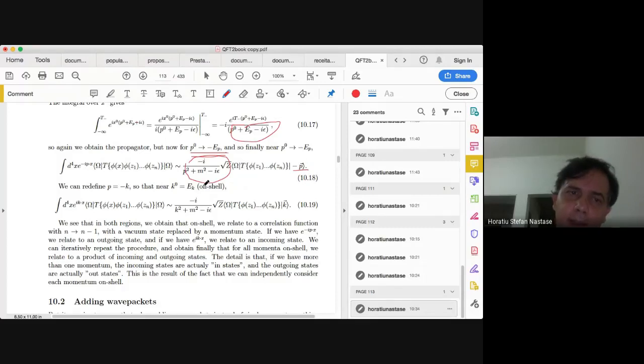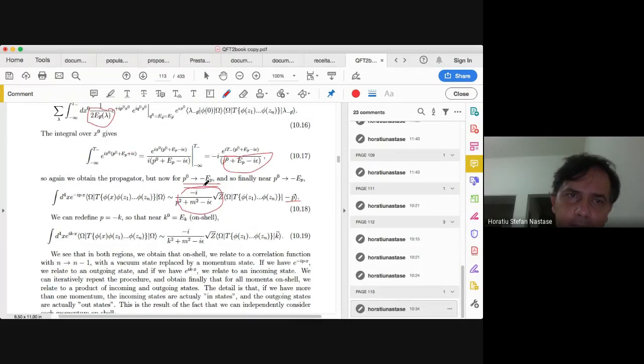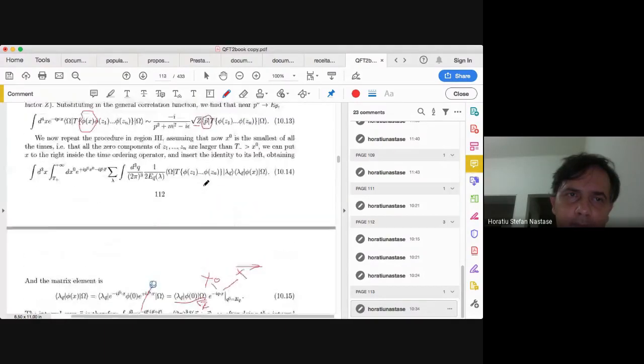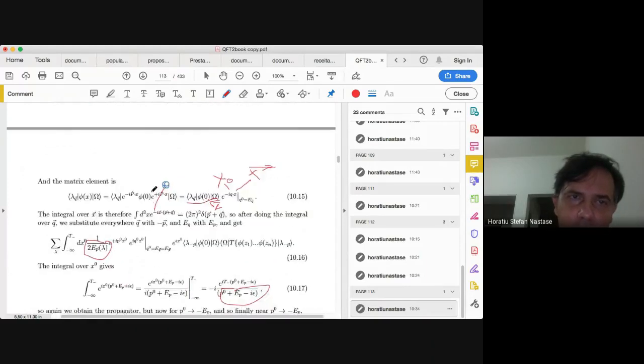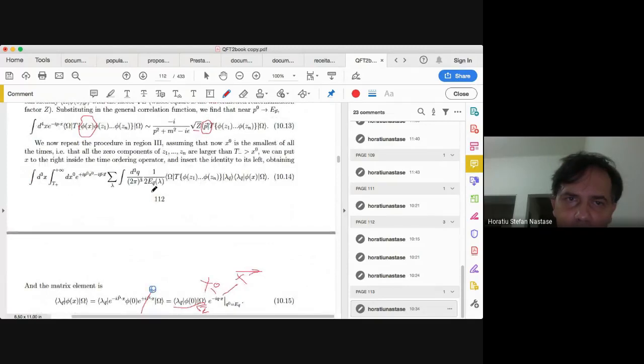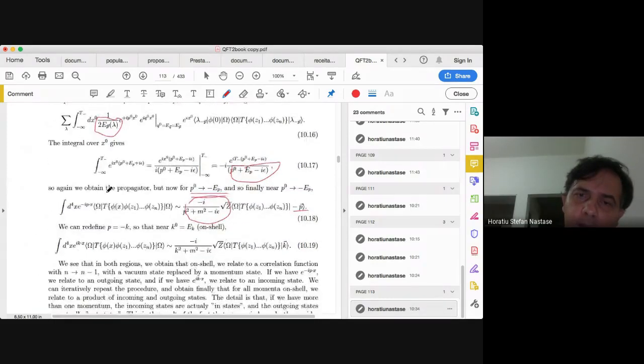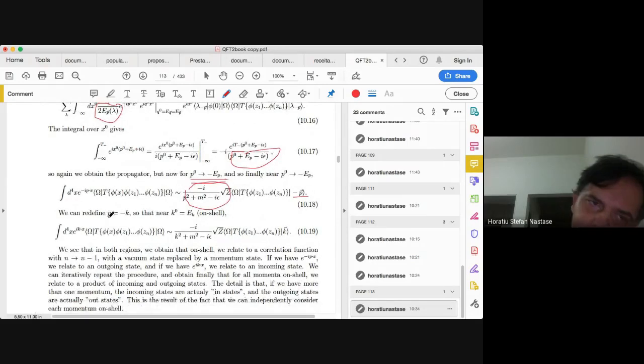But then I can redefine. So remember that our integration in region 3 was, I wrote it in components, but it's e to the minus i 4-dimensional momentum p dot x, right? But now I redefine 4-dimensional momentum p as equal to minus 4-dimensional momentum k.